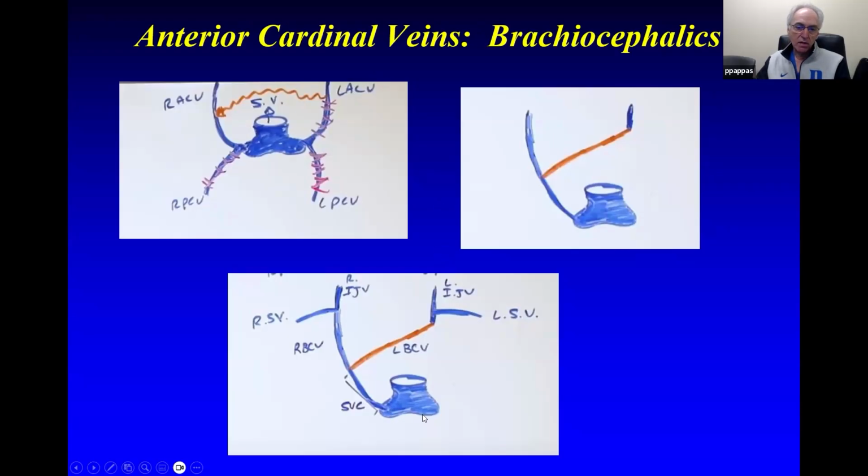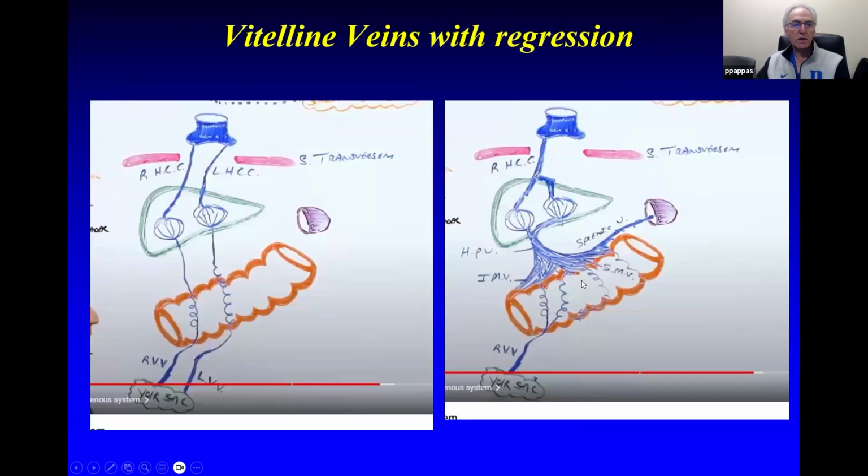And remember, down here, these little bulbous areas are the horns of the sinus venosus. So from the horn of the sinus venosus you have the right horn common cardinal vein, and then the left horn common cardinal vein. These send two branches down to the liver, and this forms the right hepatic vein and the left hepatic vein.